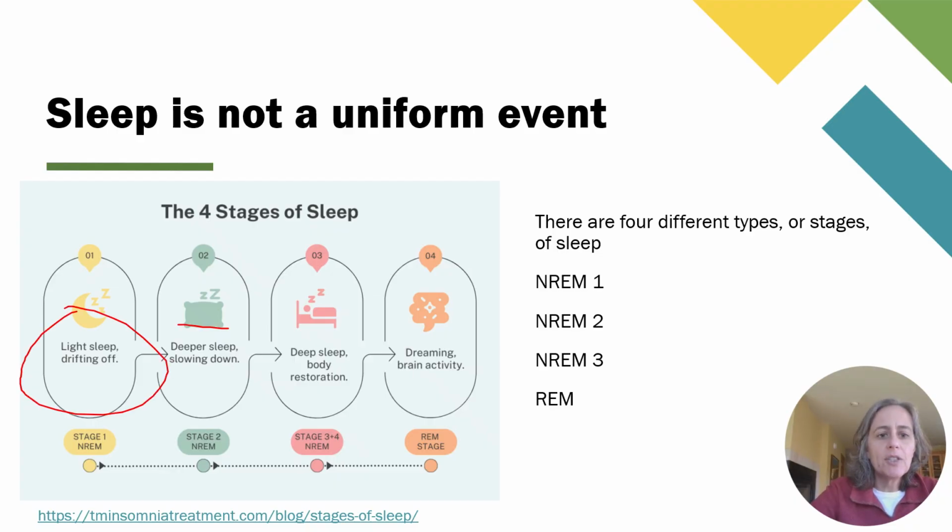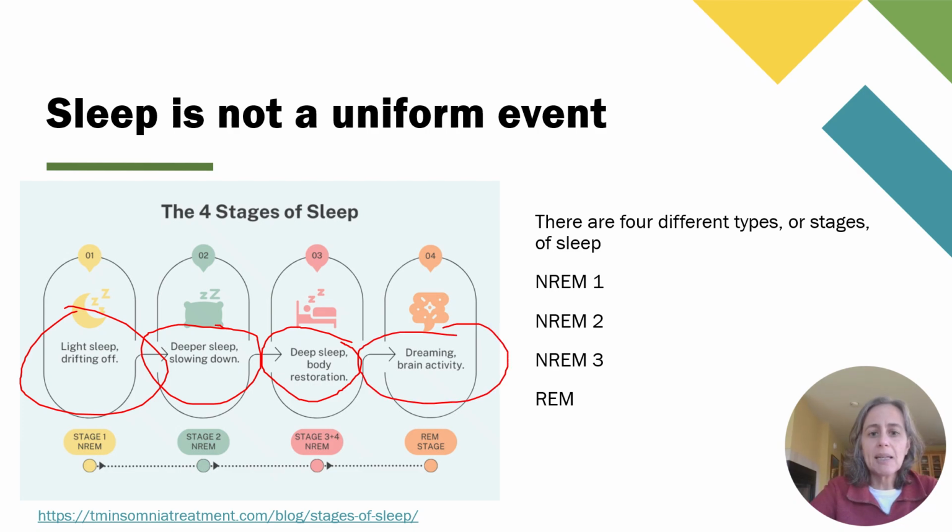And then we move into a deeper sleep. So that's non-REM sleep phase 2. And then we go into the deepest sleep, which is non-REM 3. That's also called slow wave sleep. We'll look at it in detail in a minute. And then from there, we move into REM sleep, which is when we have most of our dreams.